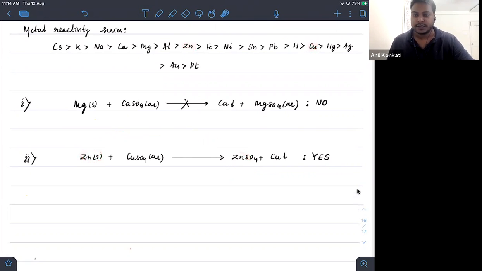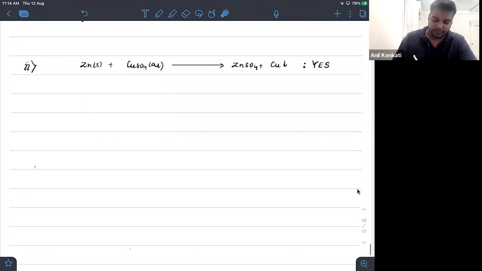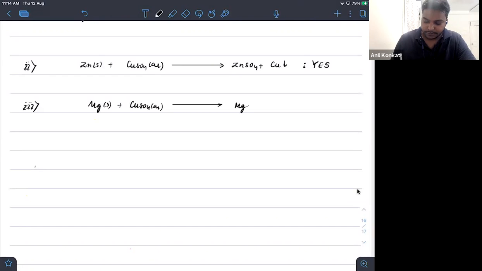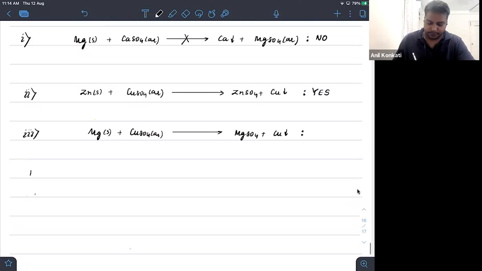So yes, this is correct. Next, if you take the same magnesium and treat that with copper sulfate, giving magnesium sulfate and copper getting reduced. Keep answering, everybody.